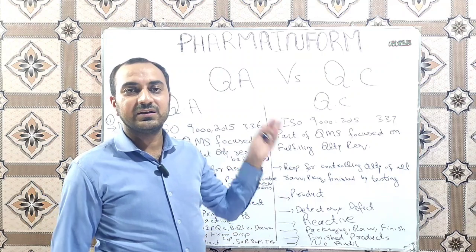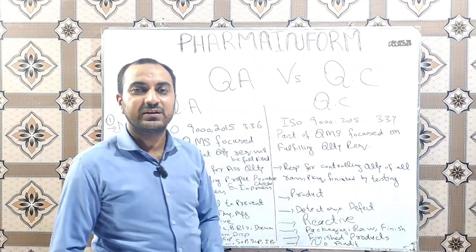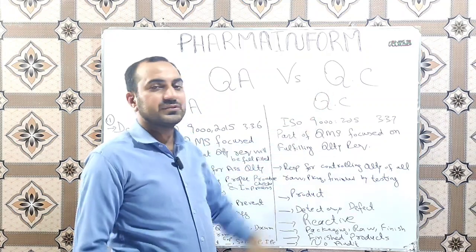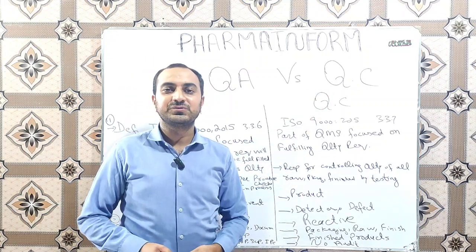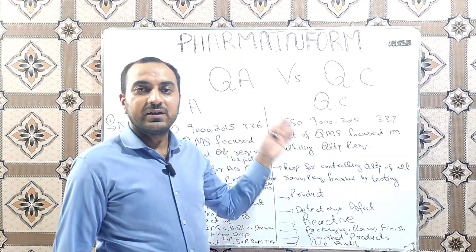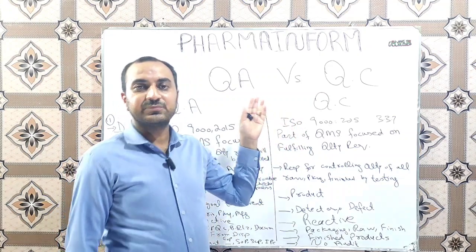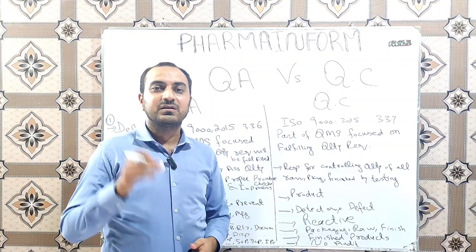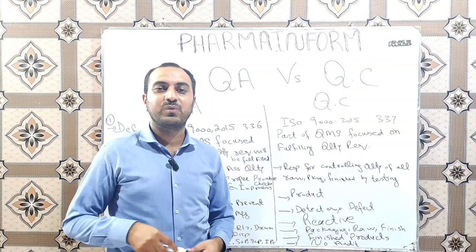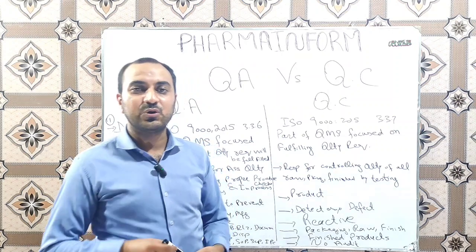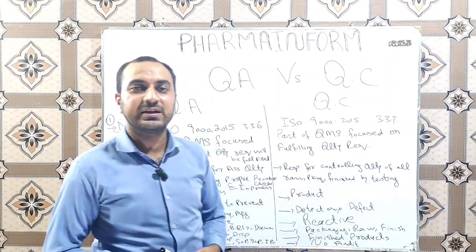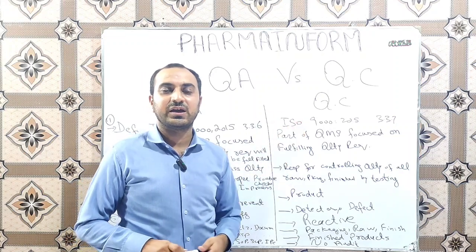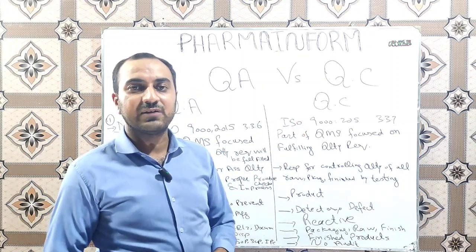Some people say that QA is quality assurance and it deals with documentation and in-process checks, and QC is the department which deals with testing. And when they are asked to tell more differences between QA and QC, they are silent because they have not much data. So in this video, we will discuss more than 9 or 10 common differences which exist between QA and QC. So let's start our video.